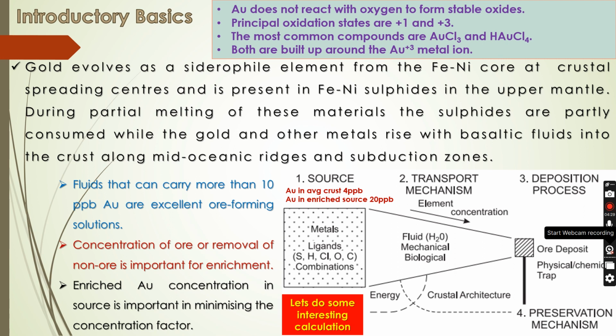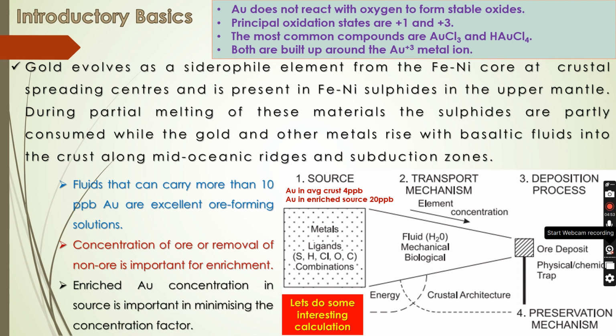So whenever some potential difference is created, those free electrons can be moved. So gold acts as an electron donor. That means it gets oxidized. Oxidation means loss of electrons.